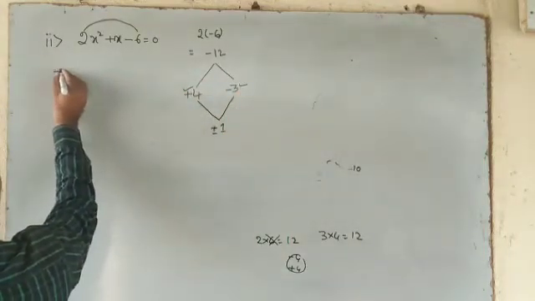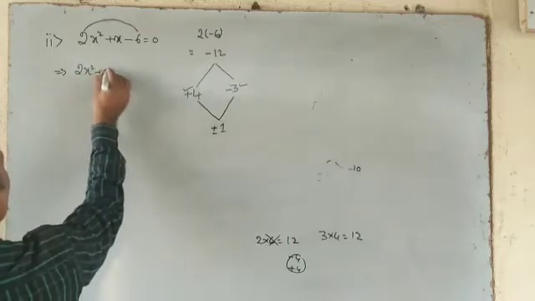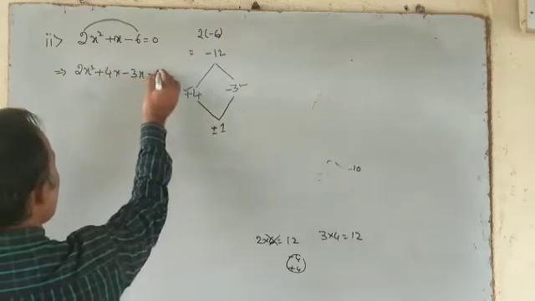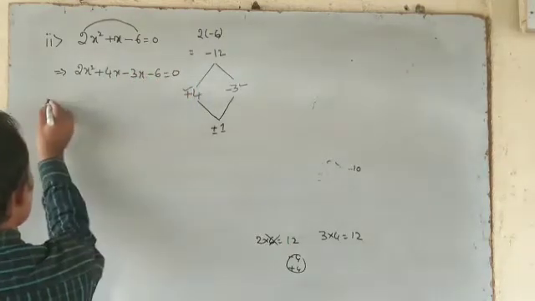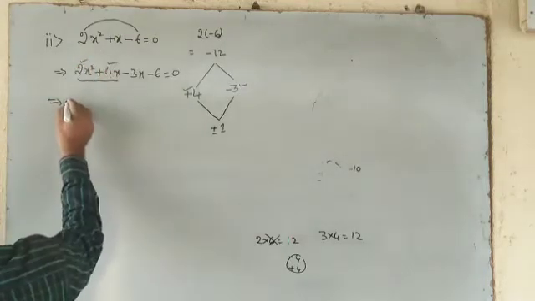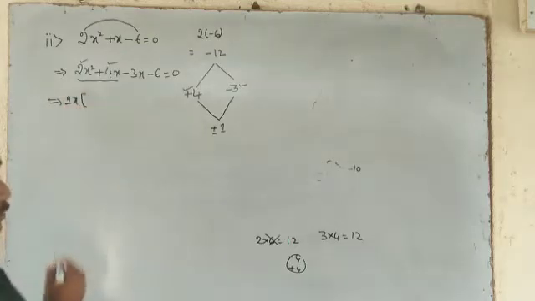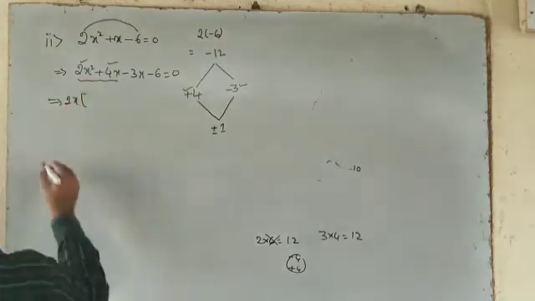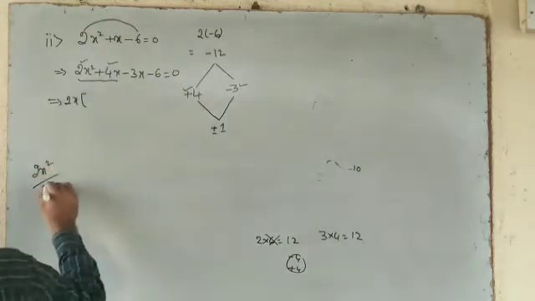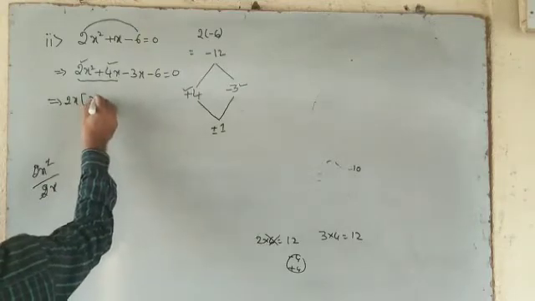Yes, which implies 2x square plus 4x minus 3x minus 6 is equal to 0. Take common 2 and 4, as 2 is common, x square and x, so x is common. I told you in the previous question, 2x square divided by common factor 2x, 2 gets cancelled, remaining term only x.